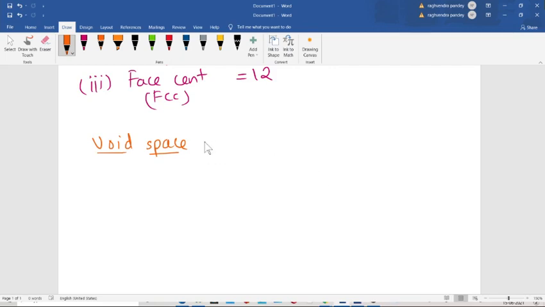Void space, we can also say, is the empty space between the spheres. So there are a lot of void spaces which are created.